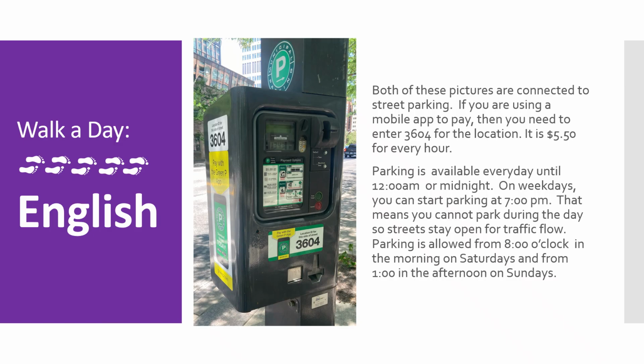On weekdays, you can start parking at 7 p.m. That means you cannot park during the day, so streets stay open for traffic flow. Parking is allowed from 8 o'clock in the morning on Saturdays and from 1 o'clock in the afternoon on Sundays.